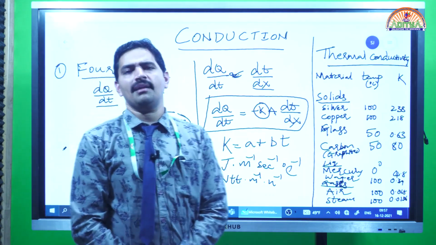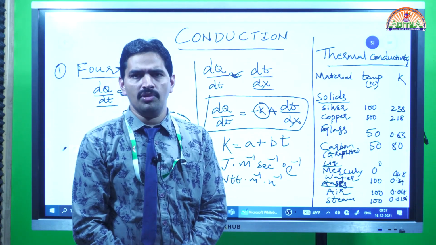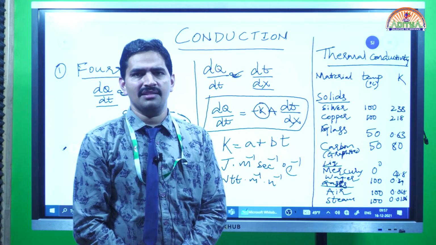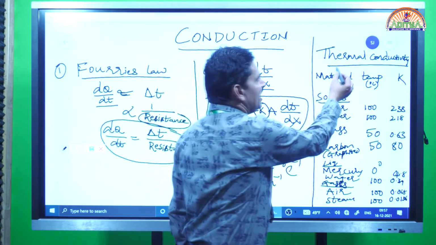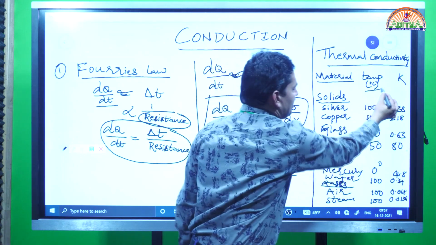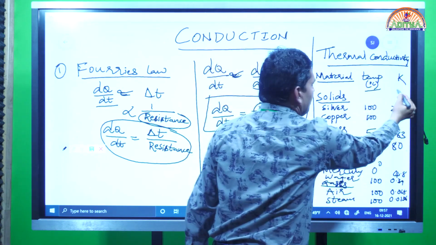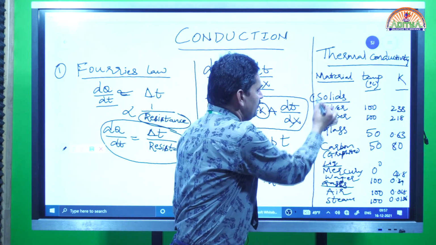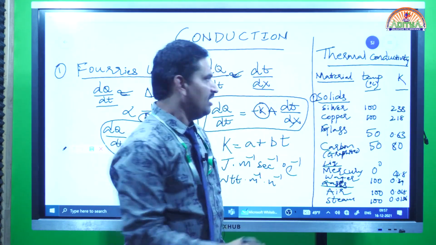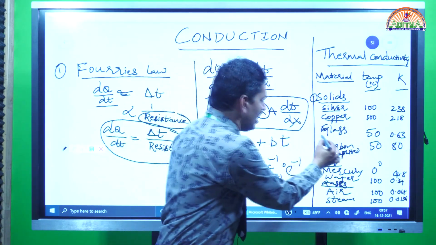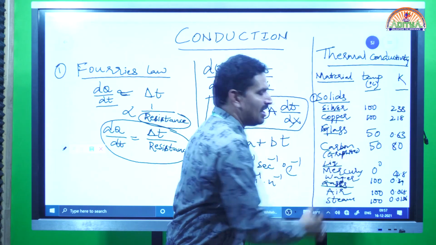By using thermal conductivity, we can know about the heat transfer through various kinds of material. See here, the kind of material at a particular temperature and its thermal conductivity. For example, for solids, for metals, silver and copper are examples, and for non-metals, glass and carbon are examples.